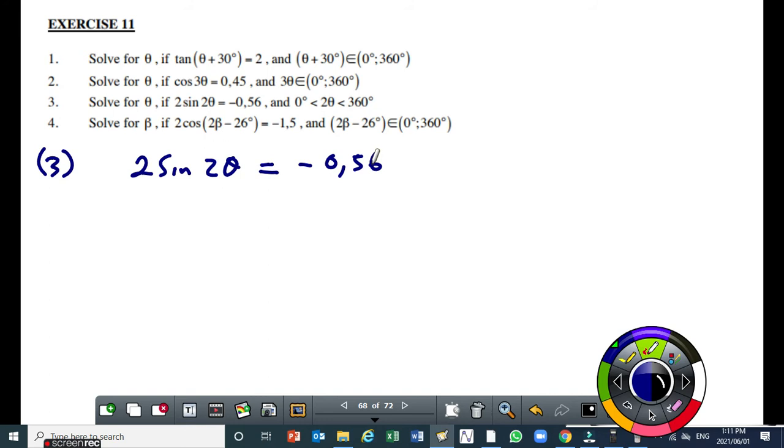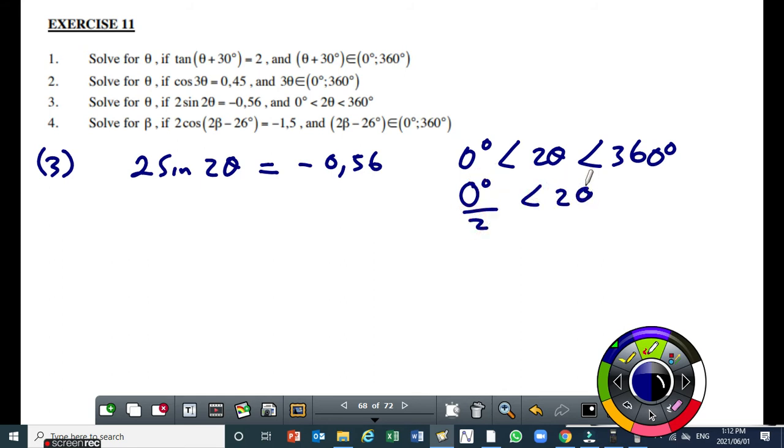So if 0 degrees is less than 2 theta and 2 theta is less than 360 degrees, do you agree with me that I can divide 2 theta by 2, the 360 by 2, and the 0 degrees by 2? So this becomes 0 degrees over 2, 2 theta over 2, and 360 degrees over 2.